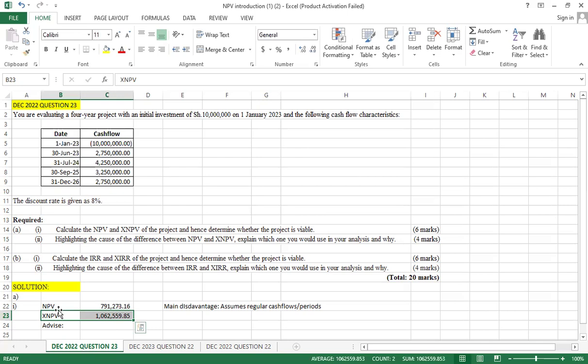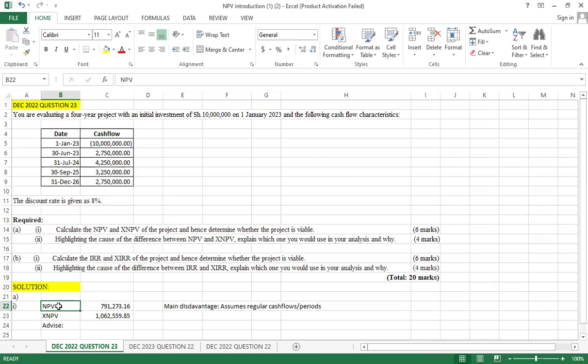We have said that NPV assumes regular cash flows, where we know that our cash flows here are not regular based on the dates. Because XNPV takes into account the various dates, it removes this assumption. So the XNPV is therefore more accurate compared to NPV. Is there any question on that?